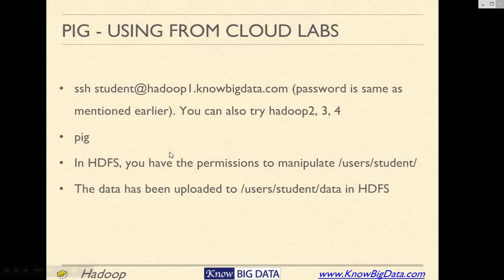When you say just pig, in the MapReduce mode, you're talking to HDFS. Are we all clear with that? Can I get a yes or a no? Okay, great. All the data that we are going to work with in this session is uploaded to user student data.